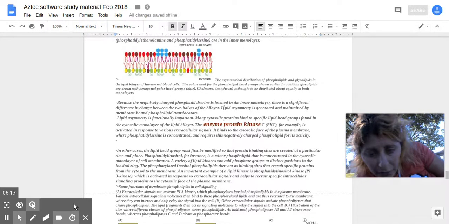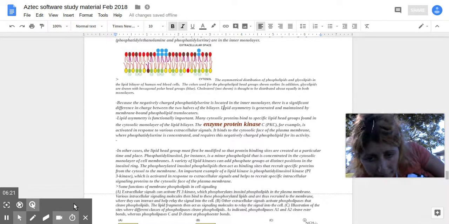The phosphorylated inositol phospholipids then act as binding sites that recruit specific proteins from the cytosol to the membrane, so closer to the membrane.